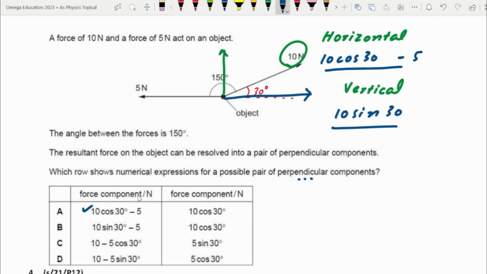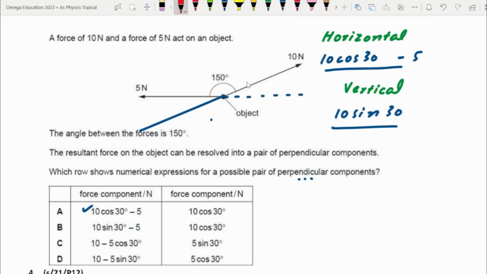So we can try to break down the forces in the direction of the second force, the 10 Newton. So I'm going to extend a line over here in the same direction as the 10 Newton, and another line over here with the horizontal.